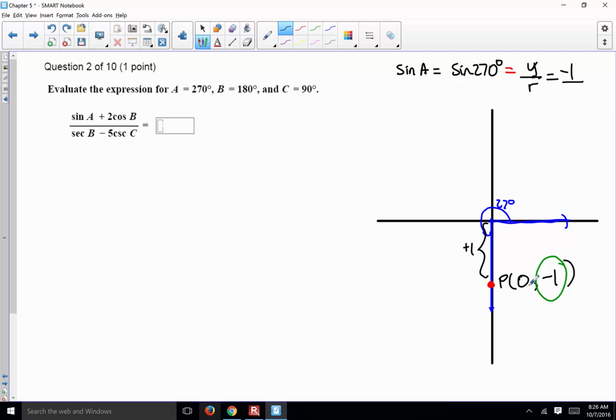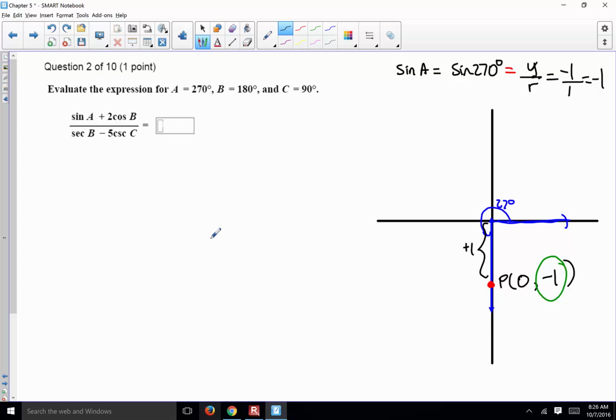It's positive 1 because distance is measured in positive terms. The answer is -1. Alright, what happens if you choose -100 here? You will have -100 divided by 100, same result. So your sine value is independent of the point. As long as you're on the terminal side, you go further and further, you divide more and more. It's the same ratio anyway.